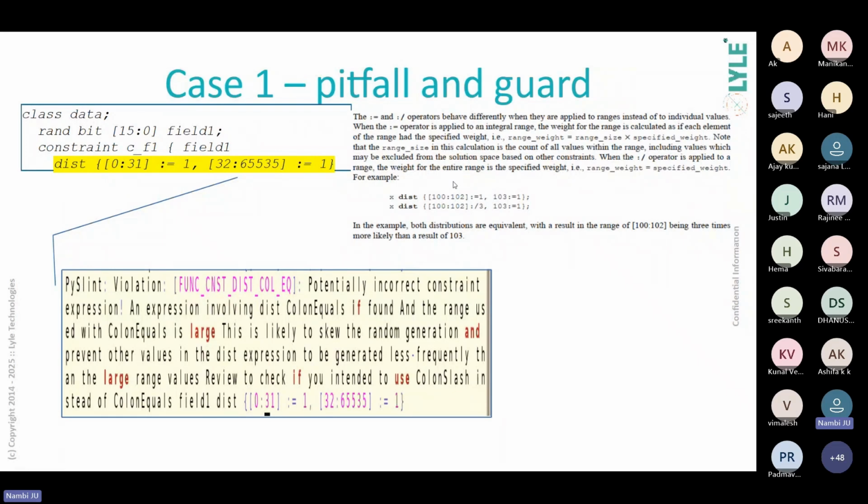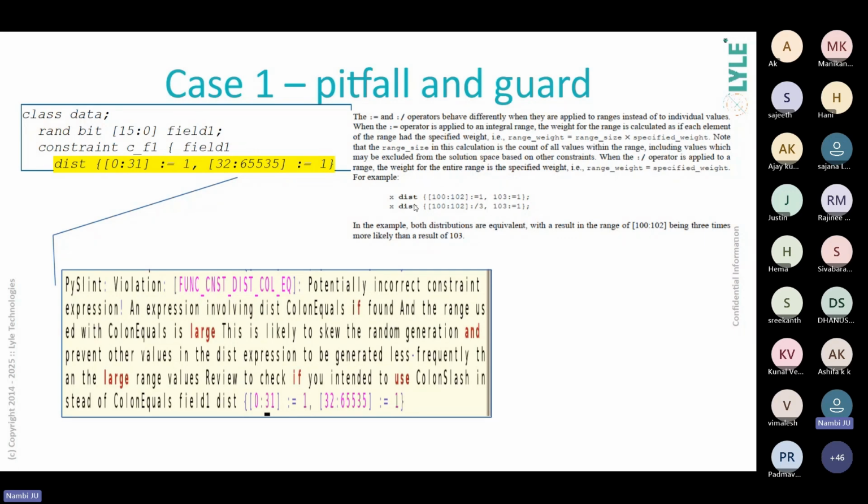So for example, we are using a distribution here where it says 0 to 31 with colon equal to 1, and this is colon equal to 1. The description on the right hand side is a snippet from the IEEE SystemVerilog standard, which highlights the difference between the colon equal to operator and the colon slash operator.